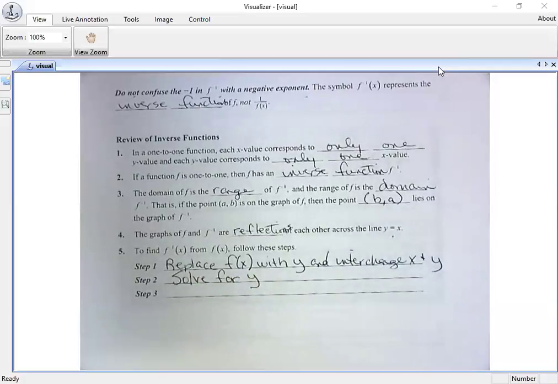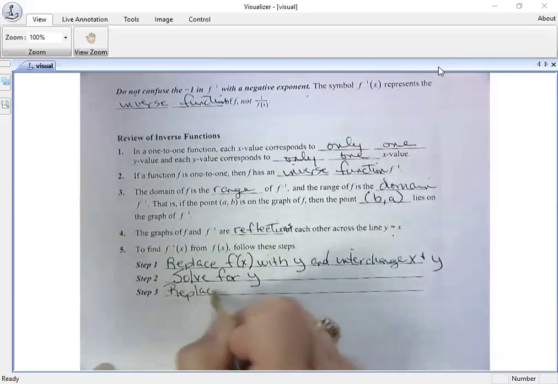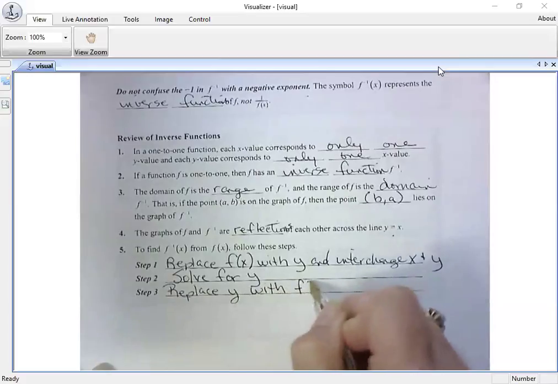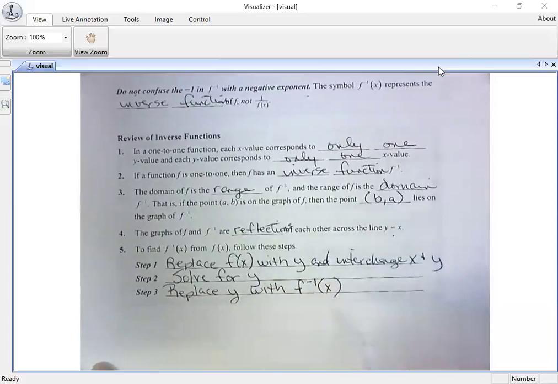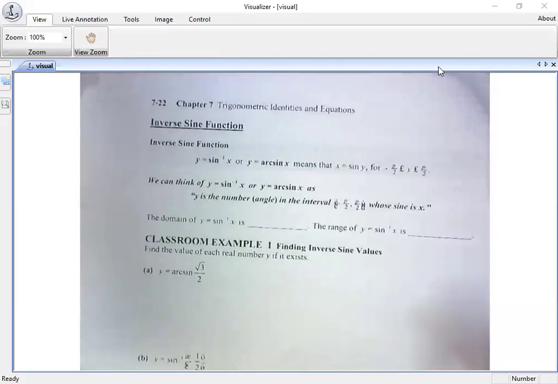And after I have done that, then I can replace y with the symbol that indicates I have found the inverse function of x. Okay, so if we're going to write inverse functions, that would be the process. You take the original function, switch the x and the y, and then solve for y. Okay? Switch, solve for y, and that's it. That's all there is to it.